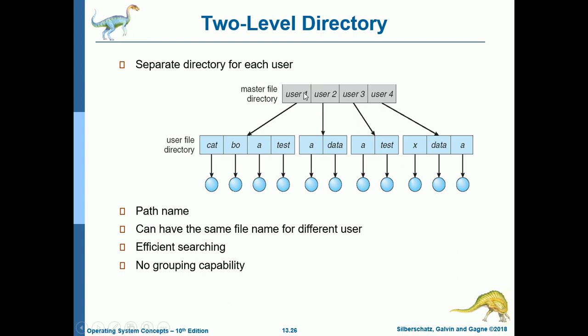For this example, user 1 has a directory, also user 2, user 3, and user 4. And this does not mean they have the same contents. No, it depends upon the user's preference of what files he or she puts in that directory or folder. So it is efficient for searching and still it has no grouping capability.